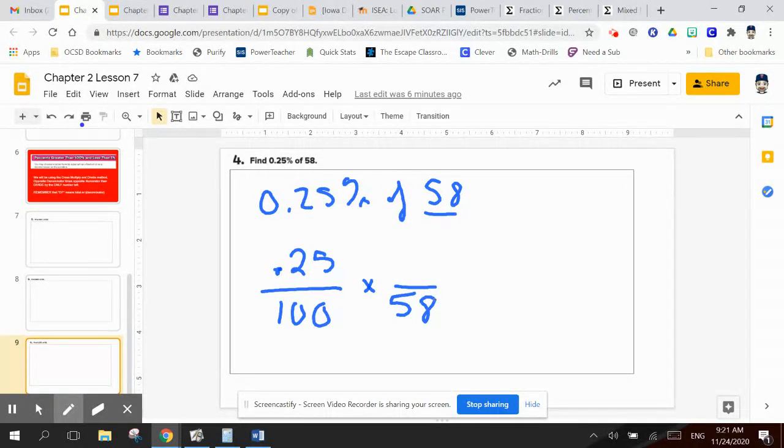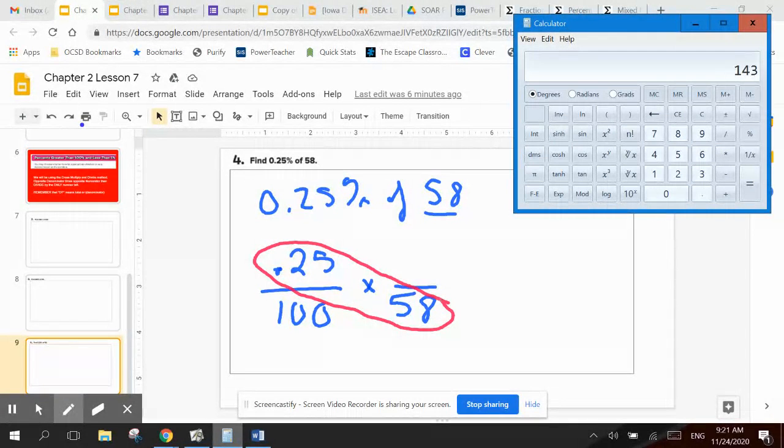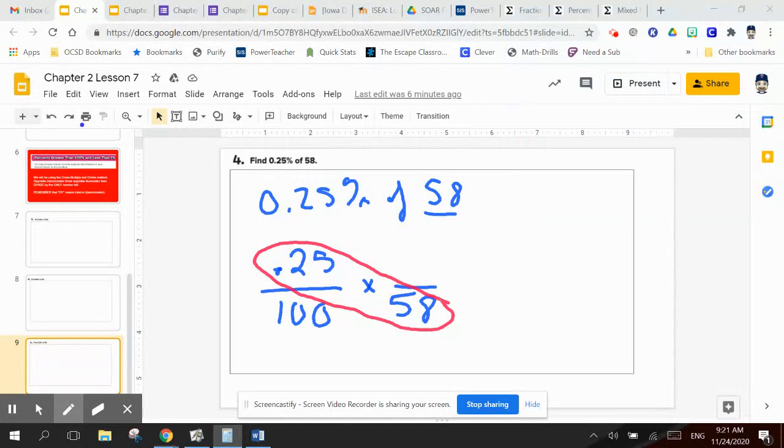So again, I'm going to cross multiply. Opposite denominator times opposite numerator. Now remember that this is decimal. So 0.25 times 58, which is 14.5. So now I'm going to divide that number by the only number I have left, which is 100.